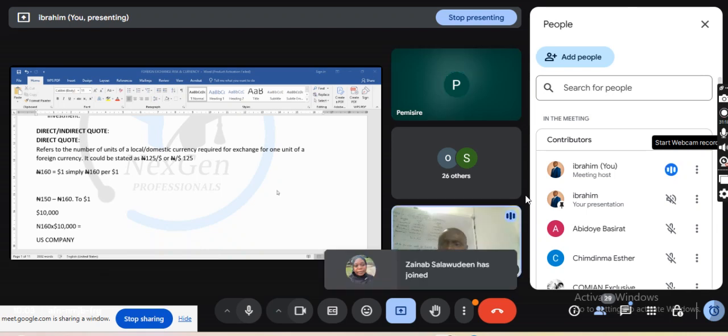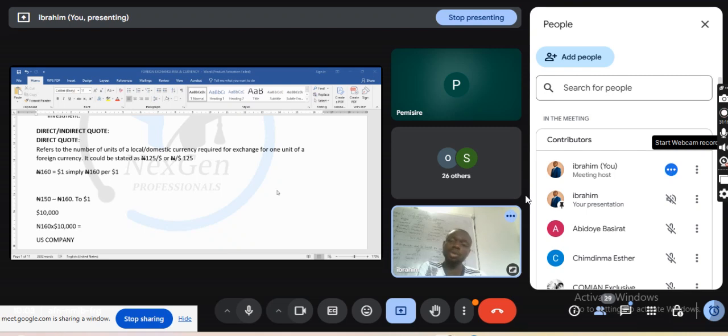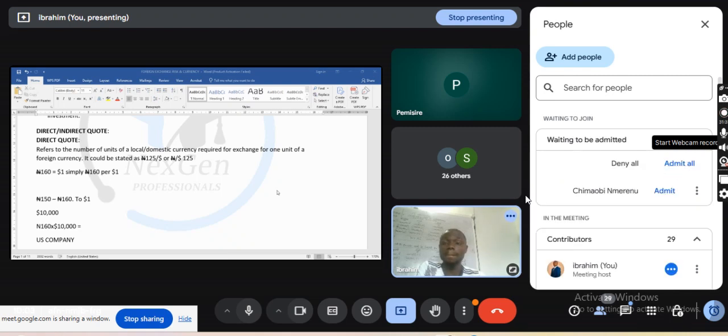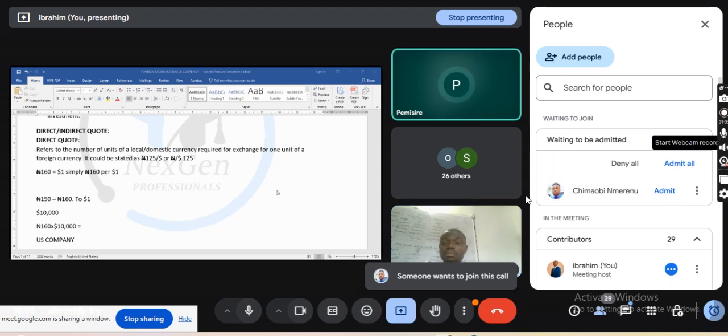Yes, it's an example of direct quotes. That's why I still gave 160. What it means is that 125 naira is equal to $1. No, I didn't put it like that.